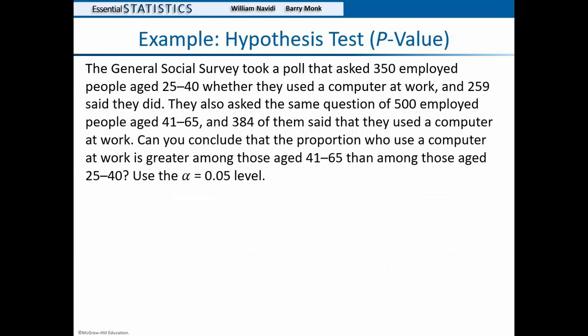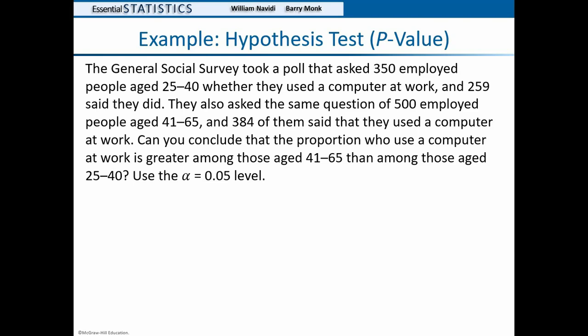So now that we've got the procedure down, this is similar to all the other procedures that we've done for hypothesis testing. We just need to go through the calculations. So here we have our two groups. The General Social Survey took a poll that asked 350 employed people aged 25 to 40 whether they used a computer at work. 259 said they did.